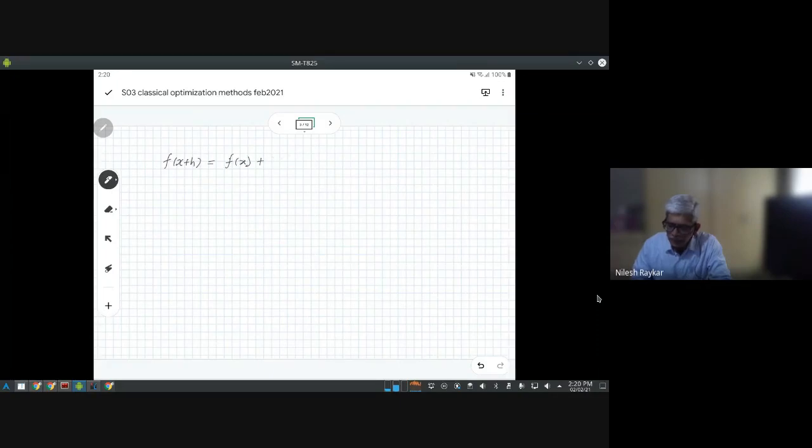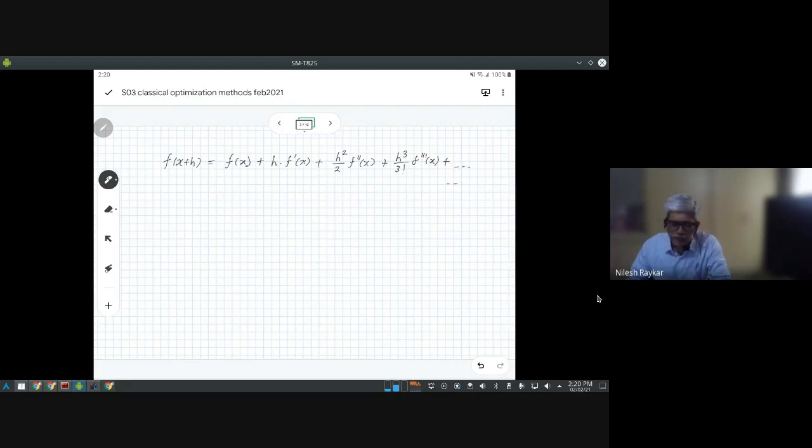plus h times f dash of x plus h square by 2 f double dash x plus h cube by 3 f triple dash x plus so on.